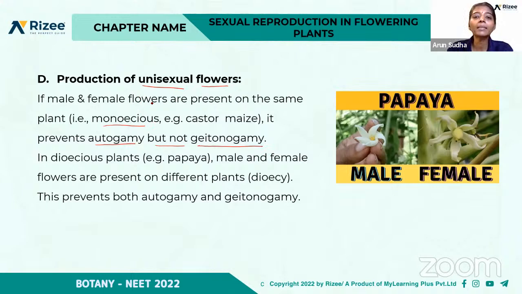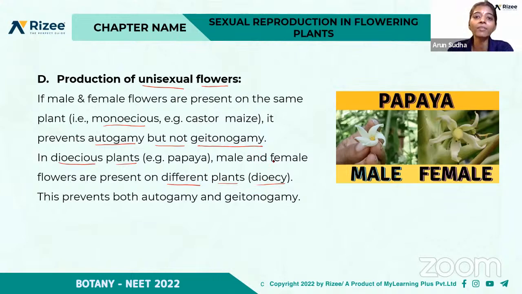If male and female flowers are present in the same plant, there will be a separate male flower and female flower, but they are present on the same plant, so autogamy is prevented. But if you take dioecious plants, the male and female flowers are present on different plants. That condition is called dioecy.